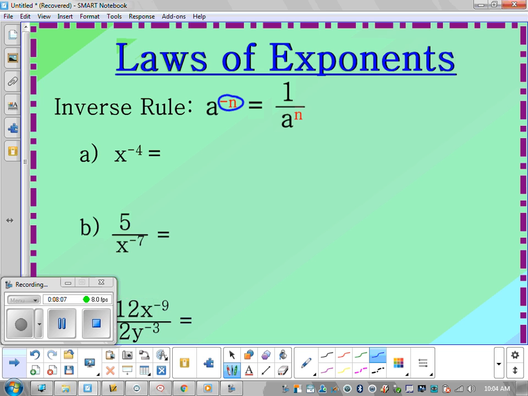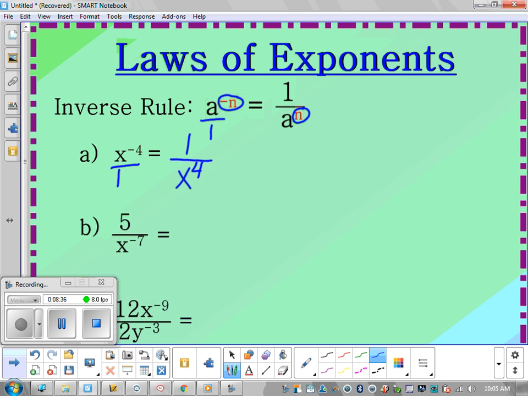Right now, it's a over 1, so if we flip it and take the reciprocal, it's 1 over, and when you do that, the n is now a positive n. Taking that idea, x to the negative fourth is really x over 1, so the x needs to go downstairs to the denominator to become a positive exponent, and the 1 goes to the top. We flipped it.